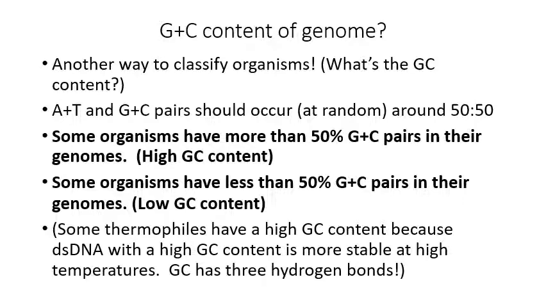And as it turns out, that's a relatively easy test to do. It's very easy to determine what percentage of the genome is made up of GC pairs versus AT pairs. What you do is you put the DNA into a test tube and then you heat it up. You know that the DNA is a double helix, so it's 2 strands that are held together by hydrogen bonds on the inside.